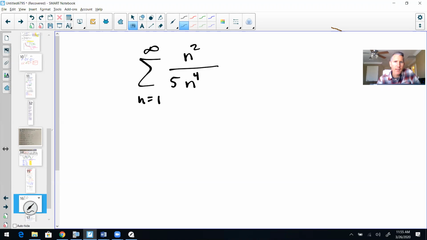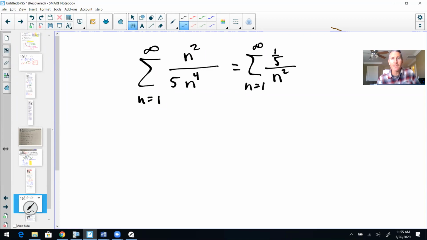okay? This is a basic P series problem, because what we have is, I could convert this into 1/5 divided by n to the second power. Do you see that? Because I have n squared over n to the fourth. So really the degree of the denominator is 4 and the degree of the numerator is 2.